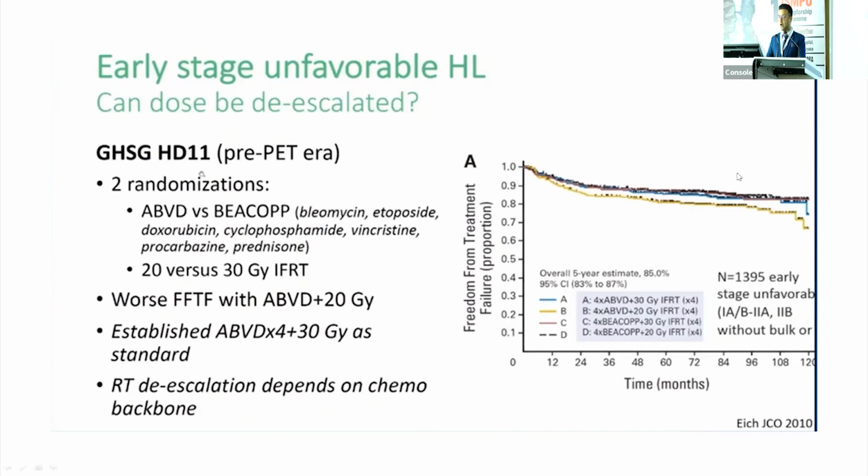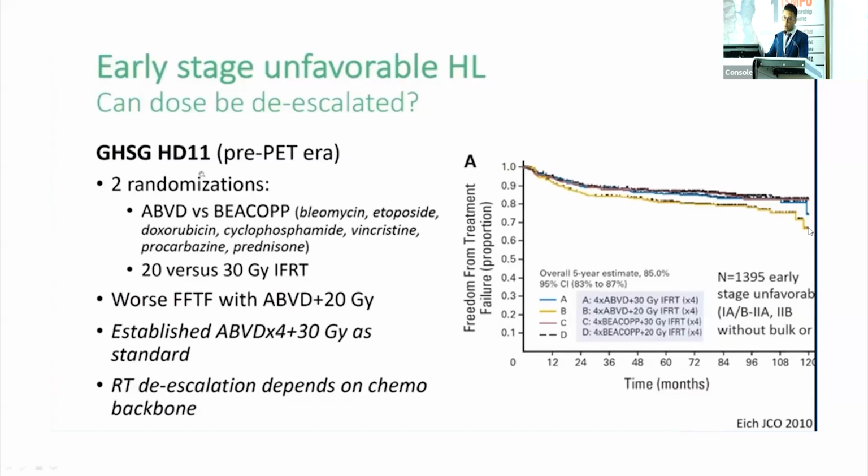If you can see, all the arms had almost similar survival except one, the one in yellow, which refers to 4 times ABVD with 20 gray IFRT. So with this risk-adapted approach, all other chemotherapy regimens provide a decent, similar PFS, except ABVD times 4 with 20 gray IFRT in unfavorable early stage Hodgkin lymphomas.